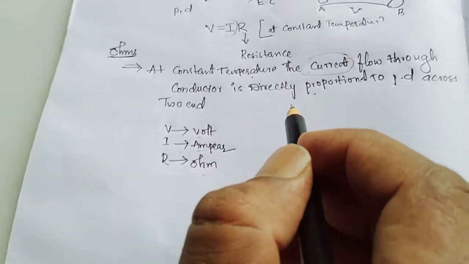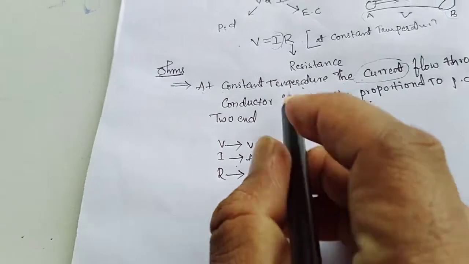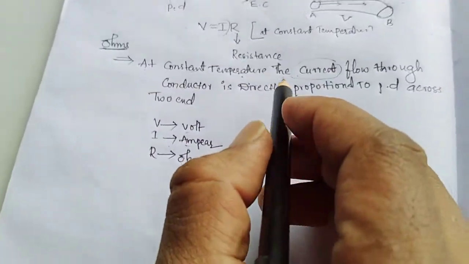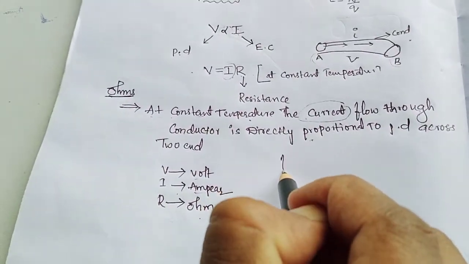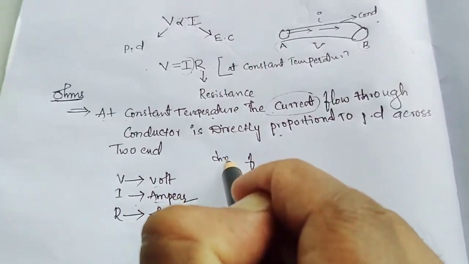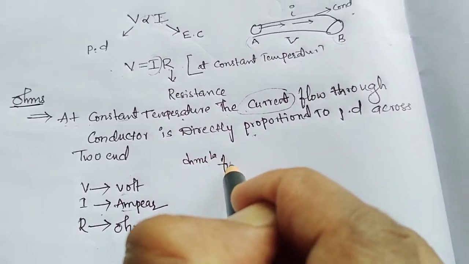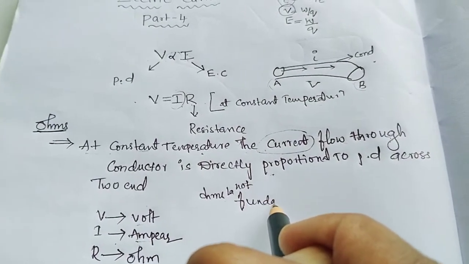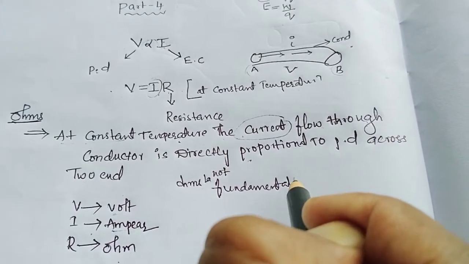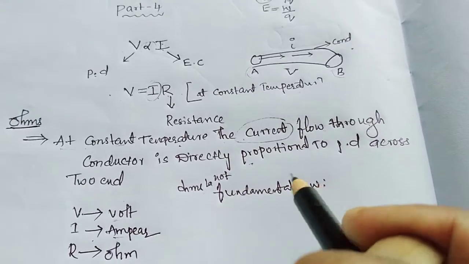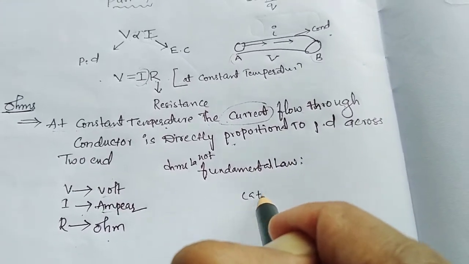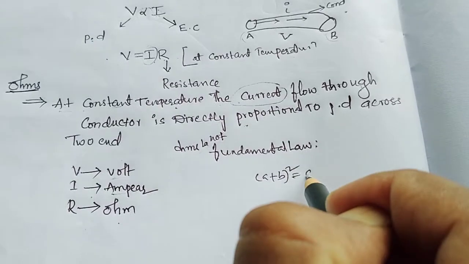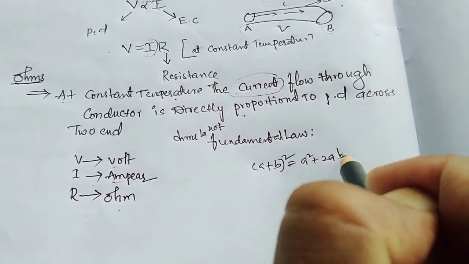Ohm's law is not a fundamental law. What is an example of a fundamental law? For example, a plus b whole square equals a square plus 2ab plus b square.